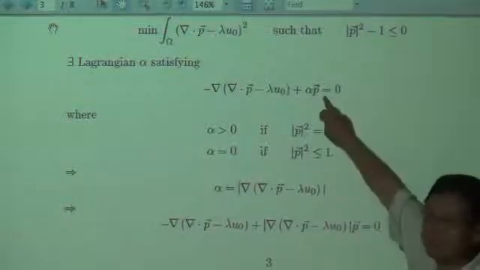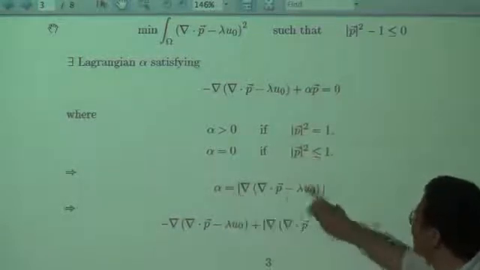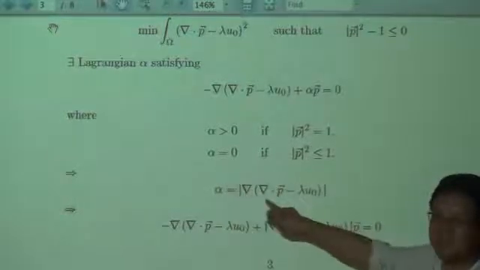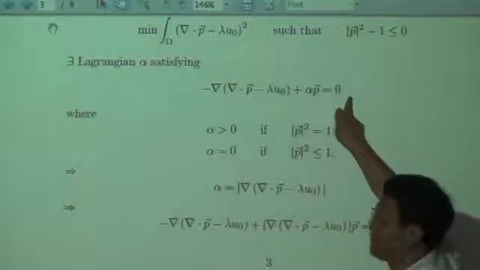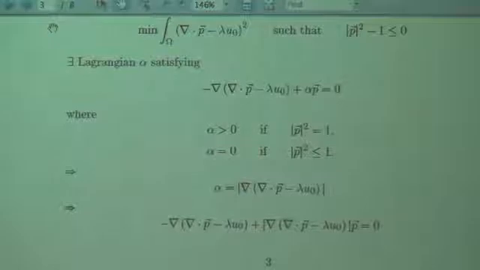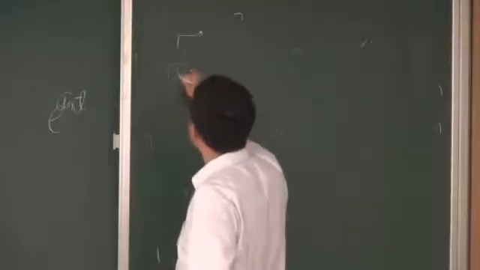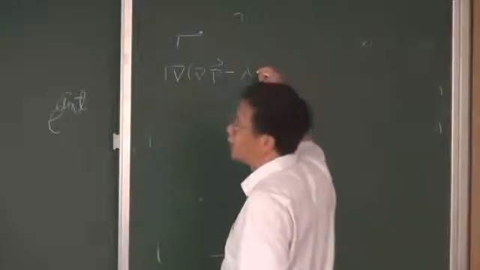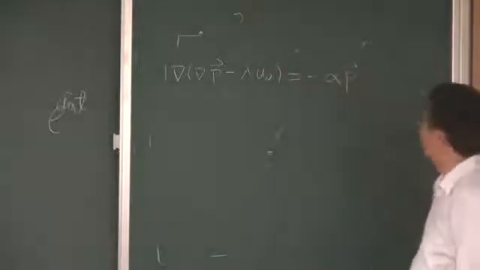And then you just look into this equation. You move this one to here, and this is a vector. So this is the divergence, and this is a scalar, and you get the gradient. This is a vector, so this is the L2 norm of a vector. So you move this one to here, and then you have the gradient of divergence P minus lambda U0 equal to minus alpha P. So it is a vector, right?